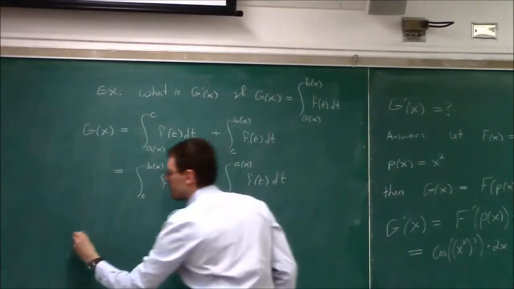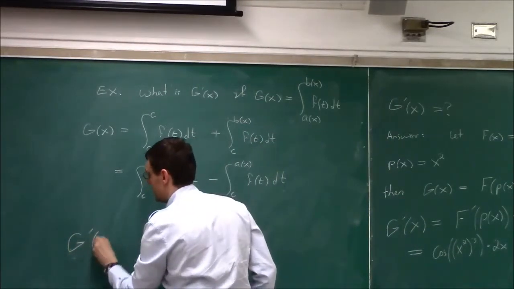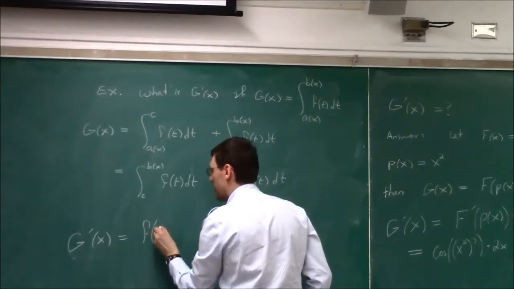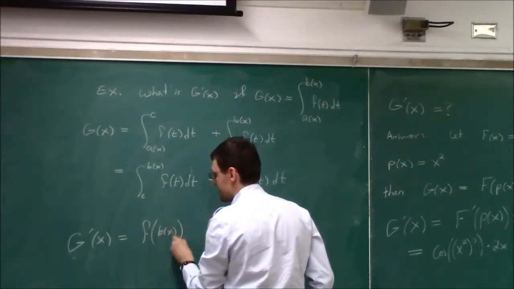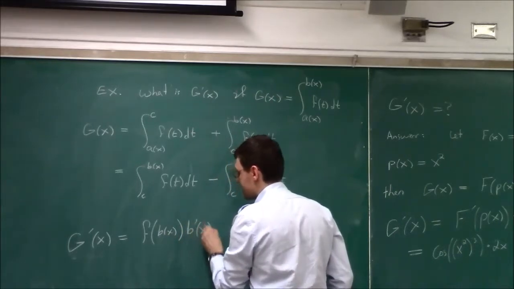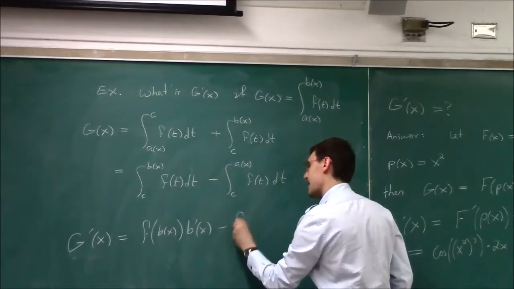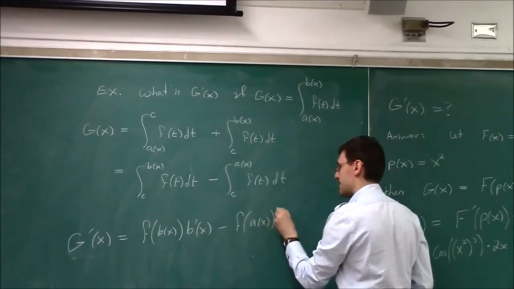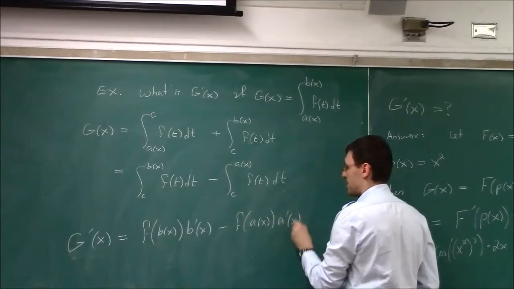And that means that g prime of x is just going to be f of b of x times b prime of x minus f of a of x times a prime of x.